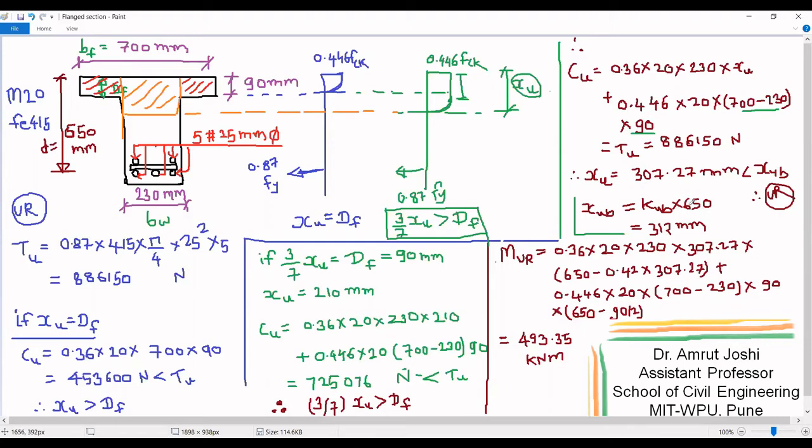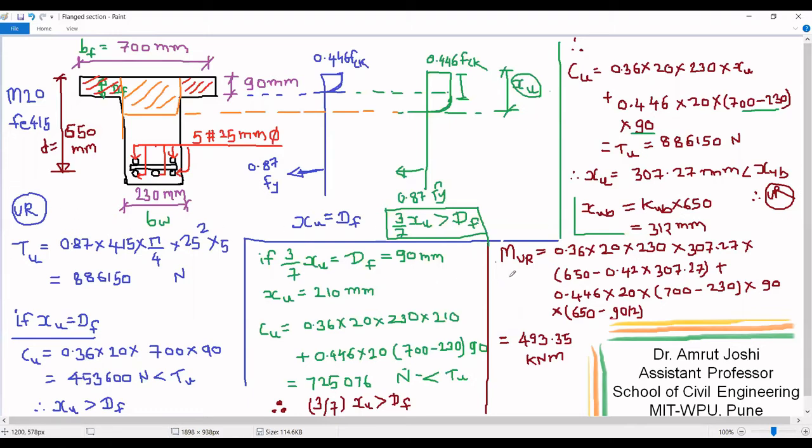So 0.48 into 650 turns out to be 312 mm. As the value of XU is less than this value of XUB, therefore we conclude that the section is indeed under reinforced section, and therefore our assumption is valid.